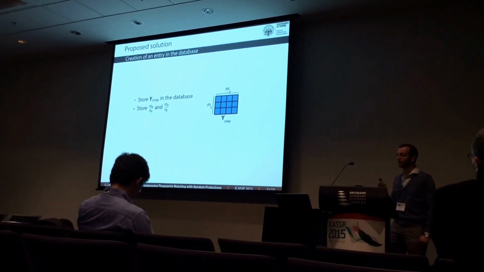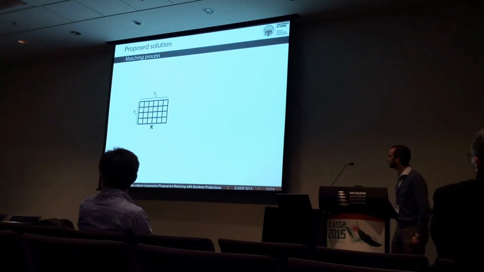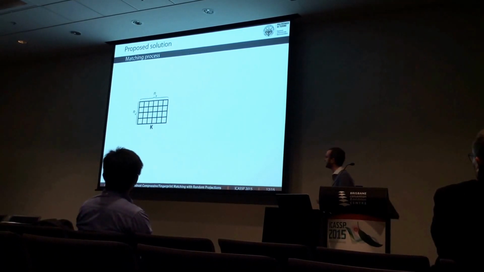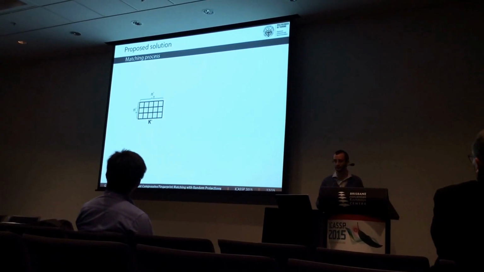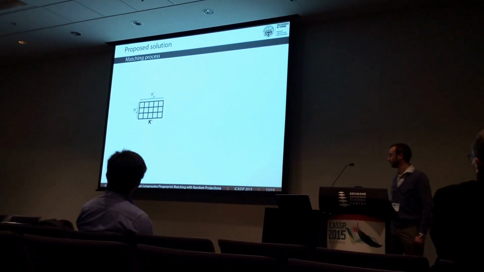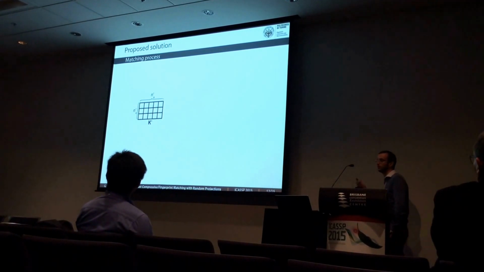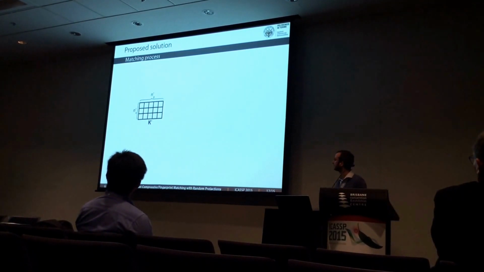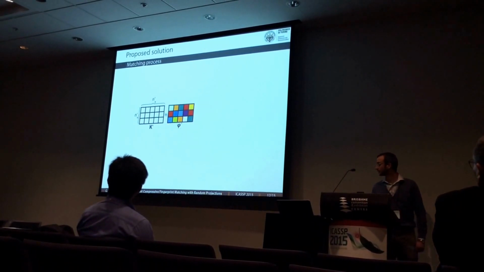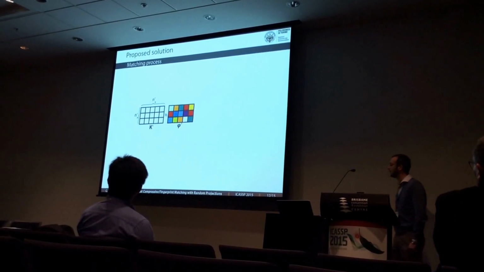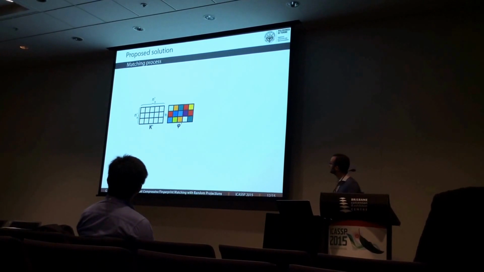Now let's see how the matching operation works. We are presented a picture, but instead of the original size picture, we are given a rescaled version of the picture that we used to build the entry in the database. So again, we resize the sensing matrix to match the size of the fingerprint.